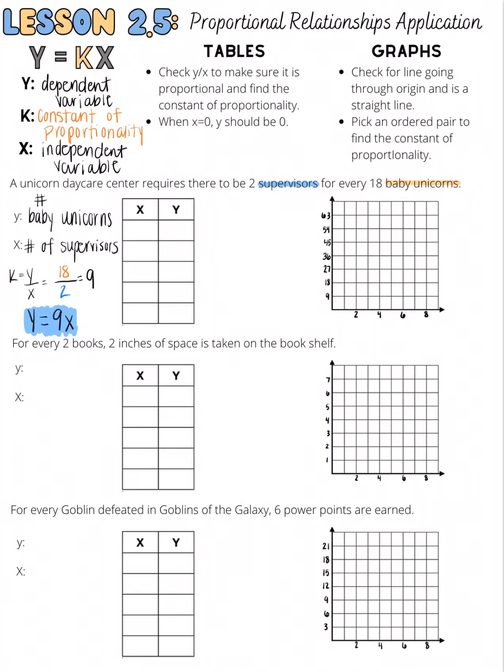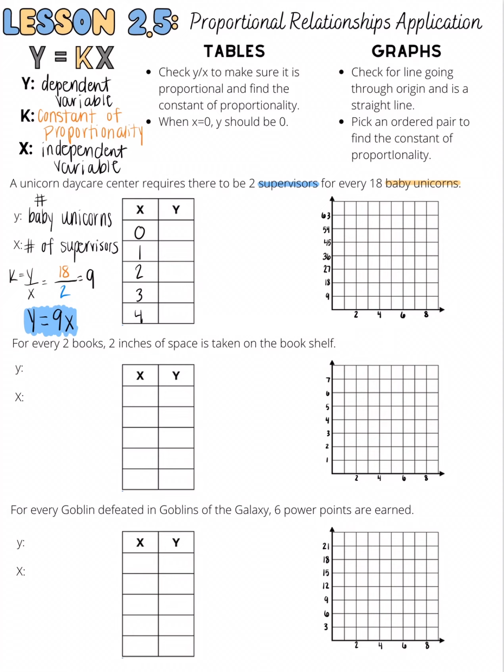Now we can graph this equation and make a table with it. We're going to pick the x values: 0, 1, 2, 3, 4. You can make it 1 million if you want in the table, but typically we cover 0 to 3 or 4.